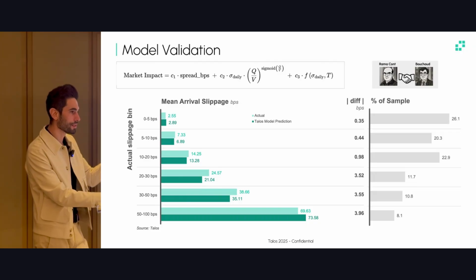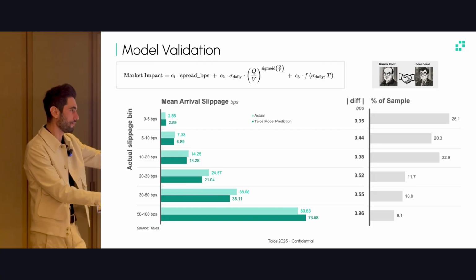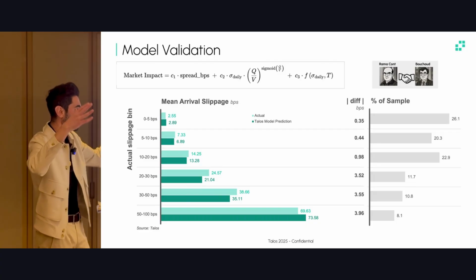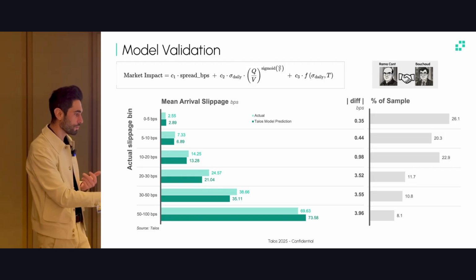The light green represents the actual arrival slippage measured. Again, arrival price versus the average execution price. Take the difference between them, multiply by 10,000, you get the basis points, right? And the Talos model prediction is in dark green.